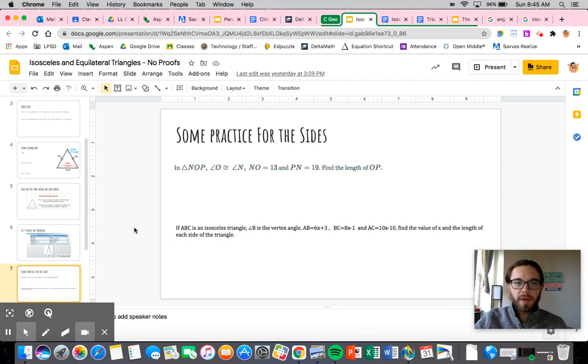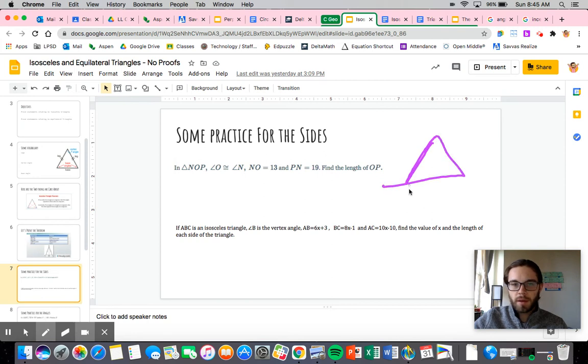All right, so let's do some practice with the sides. So we have a triangle. I'm just going to draw it real quick. NOP. I know that O and P are, sorry, O and N are congruent. We know that NO is 13. We know that PN is 19.